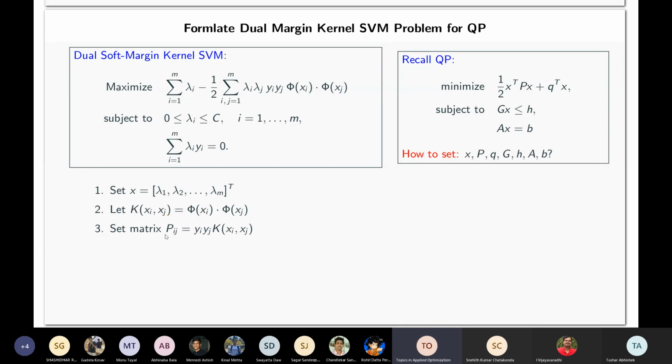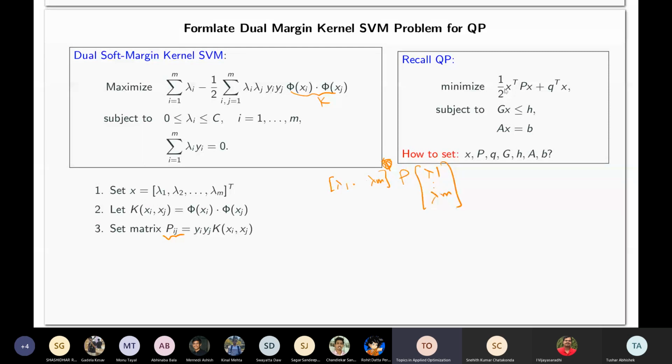Then what is my matrix P, given that I use the notation K here? If I see this term, it is a summation, so I can write it like this: lambda_1, lambda_2, ..., lambda_m transpose, then some matrix P, and then lambda_1 to lambda_m.